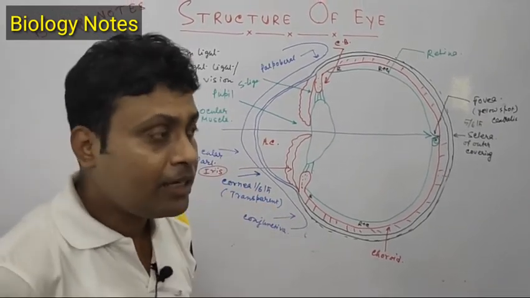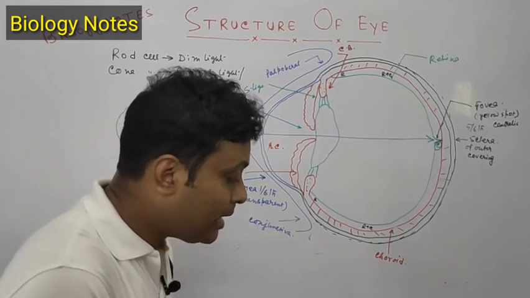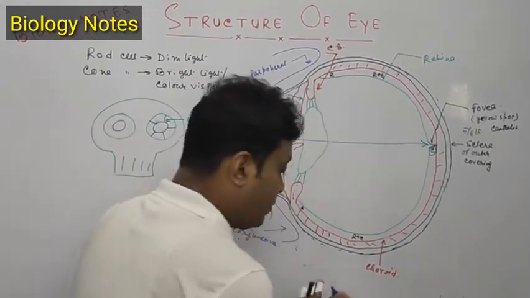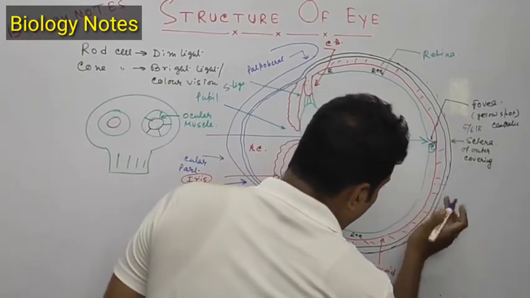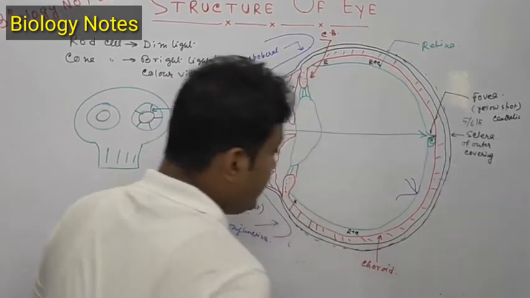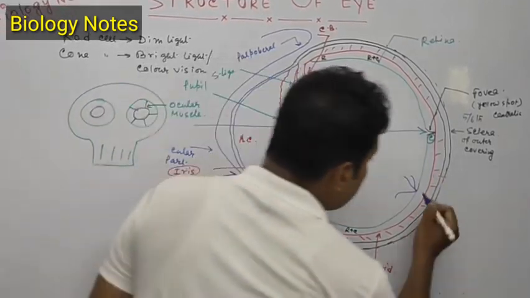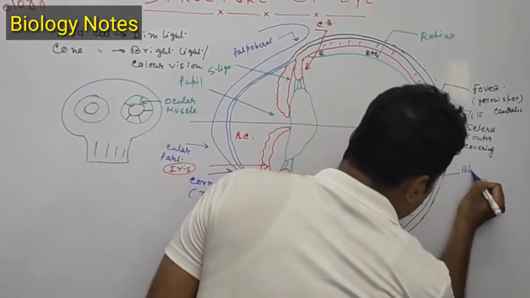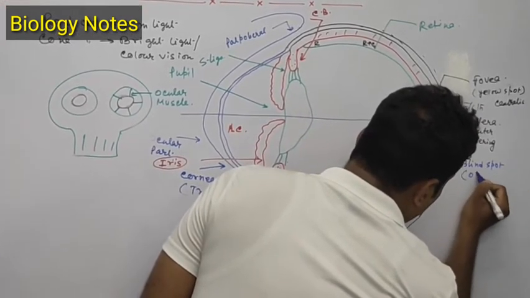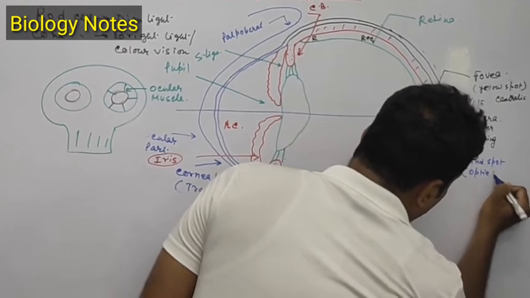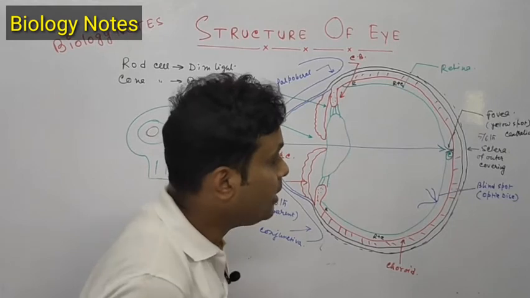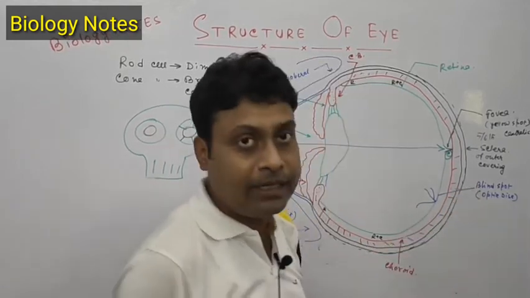And in the retina there is another important point where the optic nerve starts. The point from where the optic nerve starts in the retina is known as blind spot, or optic disc.